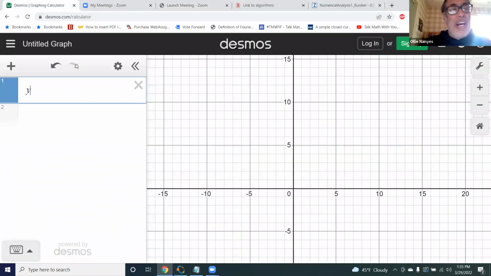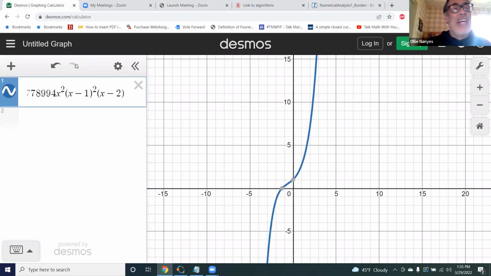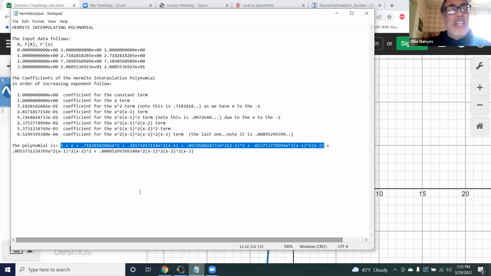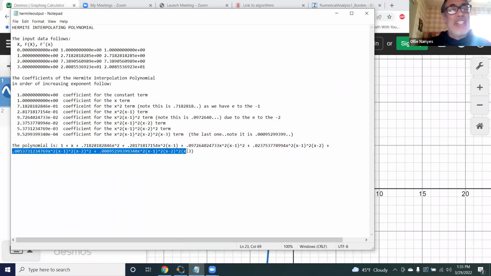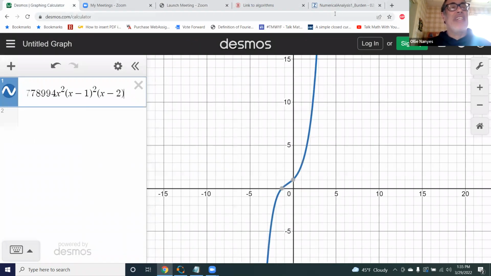So you have y equals, and you have this part, but then you need the next part right there. So it's going to be plus all this. Because again, Desmos doesn't like the scrolling. So just do a cut and paste. That works very well. Save you some time. And there is your graph of your interpolating polynomial.